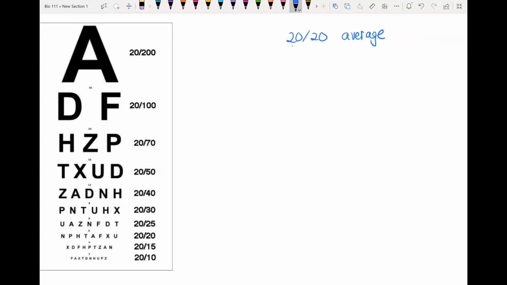So I want to explain these numbers and what they mean. So 20, the first number, is how far you stand from the chart. So the standard is to stand 20 feet from the chart. The second 20 is the average person. So 20/20 vision means that you and an average person both stand 20 feet from the chart.